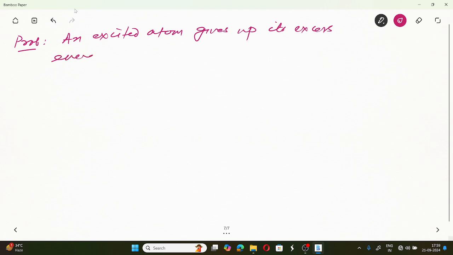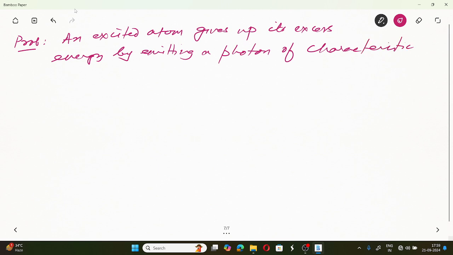See, an excited atom gives up its excess energy by emitting a photon of characteristic frequency.